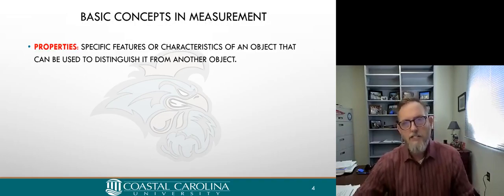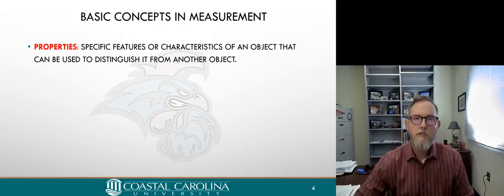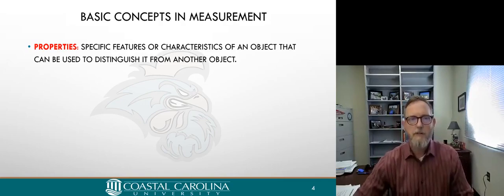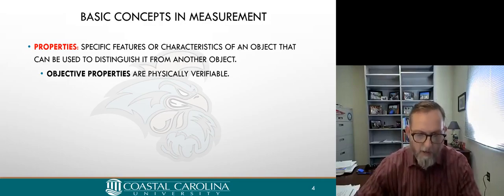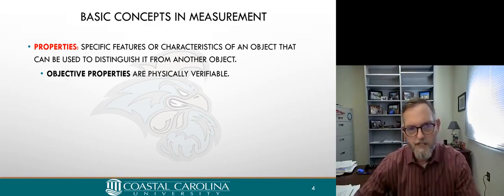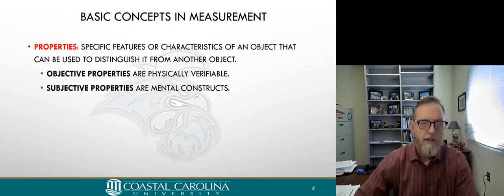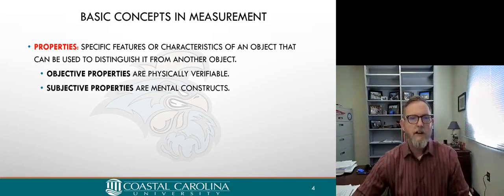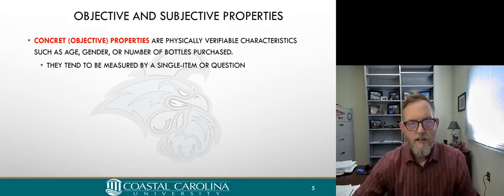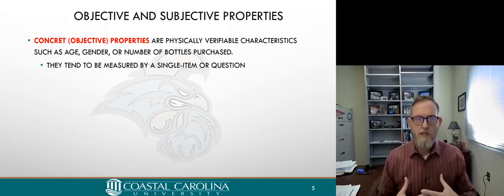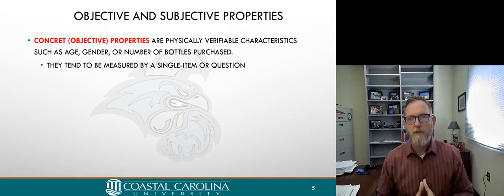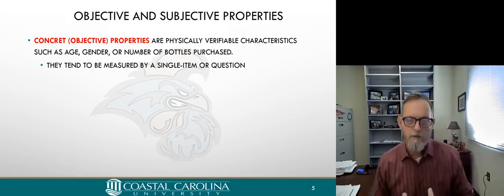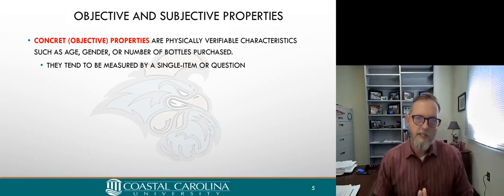Properties are specific features or characteristics of an object that can be used to distinguish it from another object. We have a couple of different ways to think about properties. Sometimes we think of them as objective, other times subjective. When it's objective, it's a concrete concept, physically verifiable, things like age, gender, number of bottles purchased or number of items purchased.